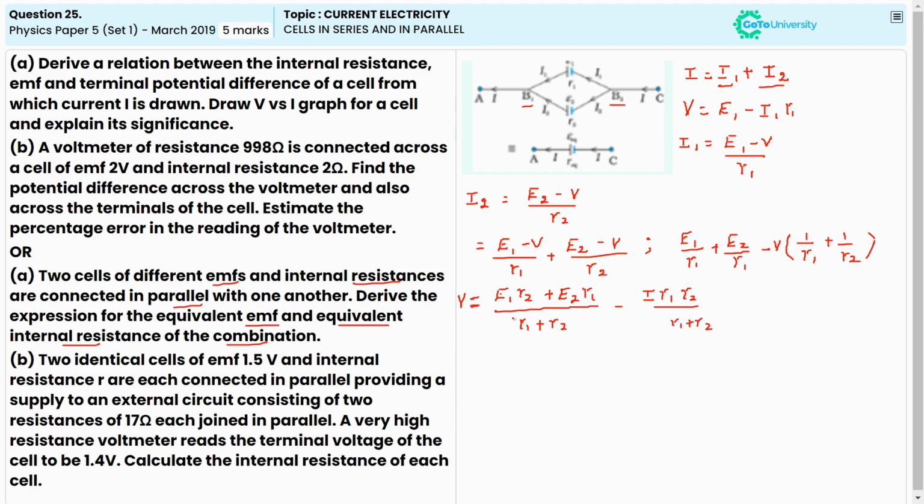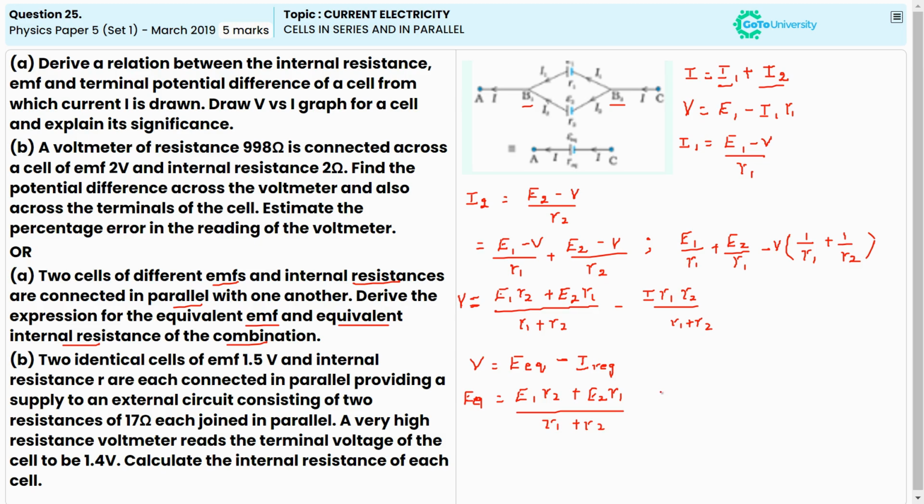Then comparing with the equation V is equal to E equivalent minus I r equivalent, E equivalent is equal to E1 R2 plus E2 R1 divided by R1 plus R2.